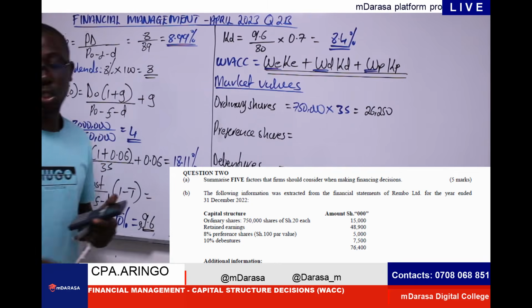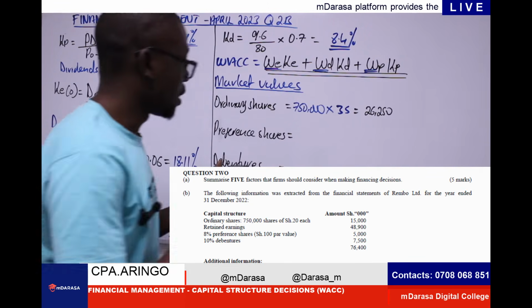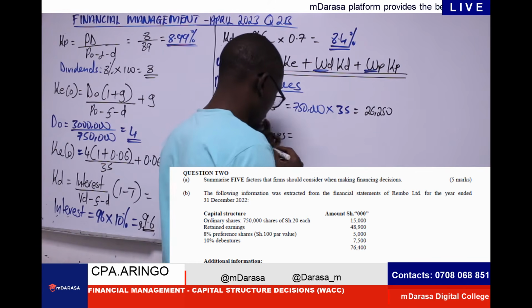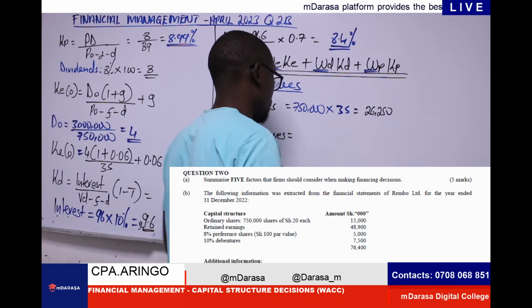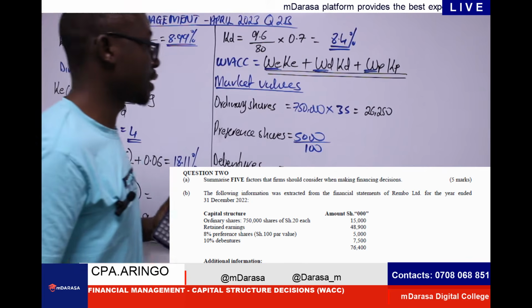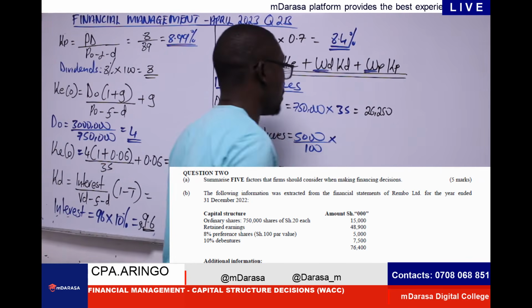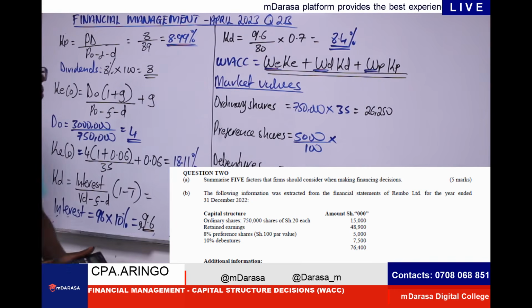What about preference shares? If you check our preference shares, you are given each share's par value was 100. So we take our 5 million, the value, and we divide by 100 because the par value is 100. We multiply by the market value of these preference shares.